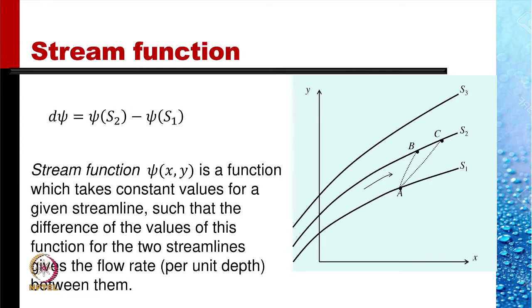Stream function psi is a function which takes a constant value for a given streamline such that the difference of values of this function for two streamlines gives the flow rate per unit depth between them in two-dimensional flows.